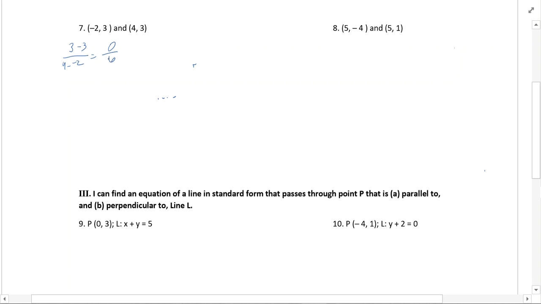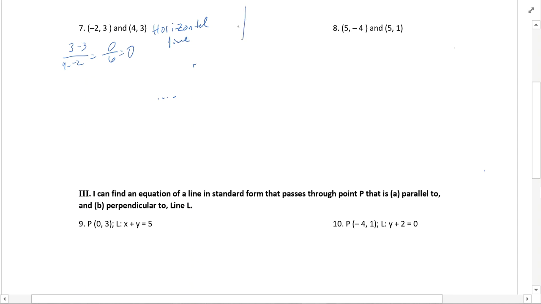And when I get 0 over 6, I know that's going to simplify to 0. And so now you have to ask yourself, what kind of lines have a slope of 0? Well, horizontal lines have a slope of 0. So we already know that this line is horizontal.